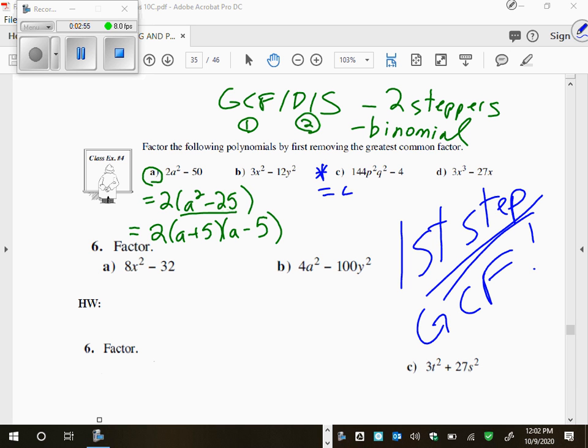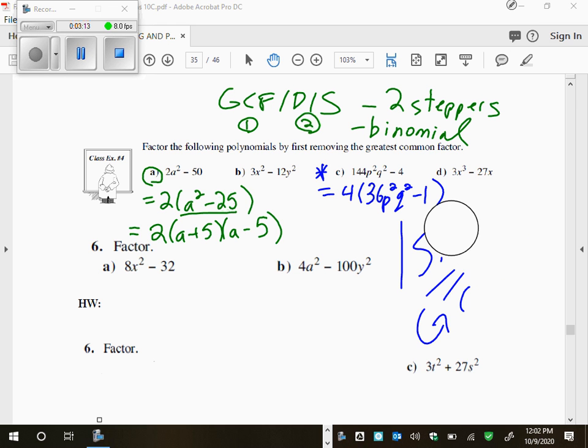And what does that make the 144 into? Somebody? 36. So you're still going to be able to do the square rooty thing. Now, again, don't forget, sometimes there's a second step.